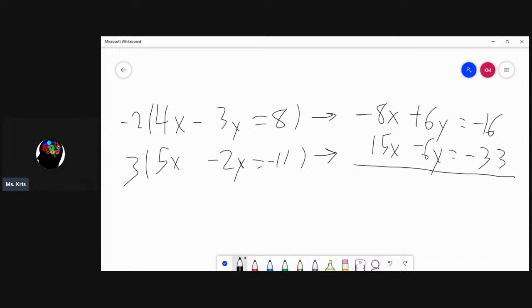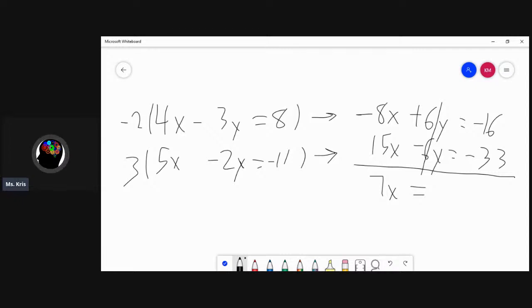Now, combine like terms. Negative 8 plus 15 gives me a positive 7x, because 15 minus 8 is 7. All that good stuff. Then my plus 6y minus 6y cancels, which makes me equal negative 16 minus 33.